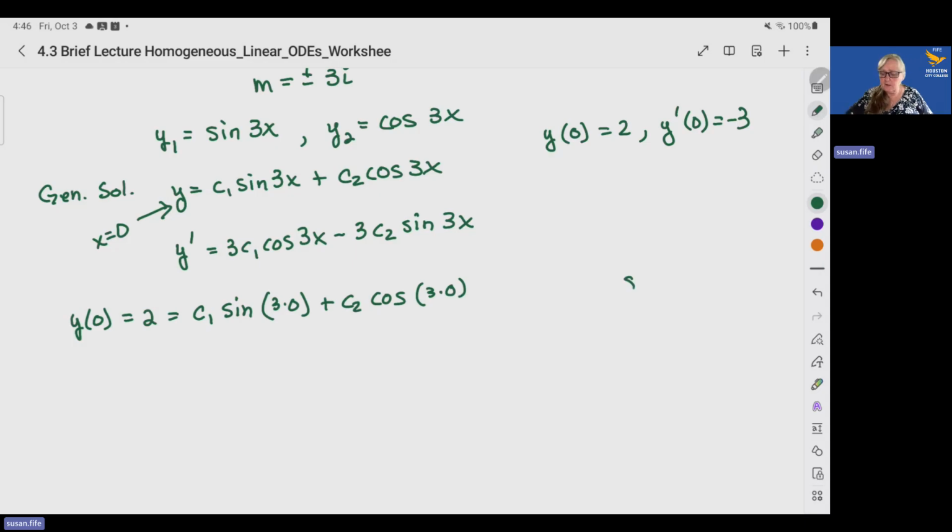So I know that sine of 0 is 0 and cosine of 0 is 1. And that tells me that 2 equals, this whole first term just drops out, and on the second term, I get 1 times c2. So 2 is equal to c2.